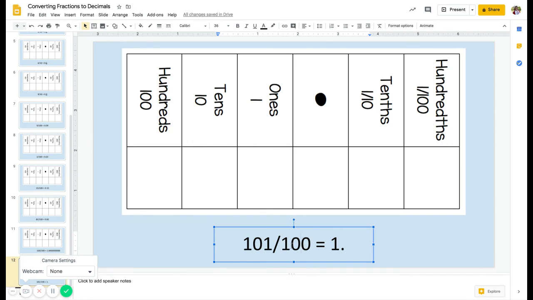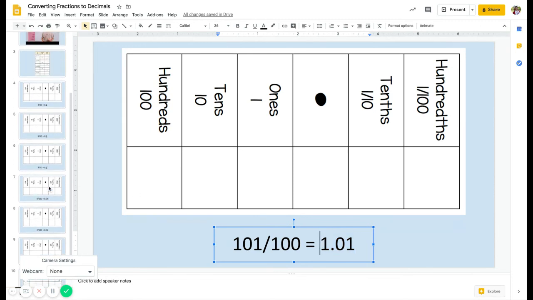So this is where you could make a number bond and pull out a whole like we've been practicing, but this is the same thing as 1 whole, and I have 1 extra hundredth left. So I don't have any tenths, but I do have 1 extra hundredth. Notice how this number right here says 101. And if you ignore the decimal point, this one also says 101. So my digits are matching in the same spot.